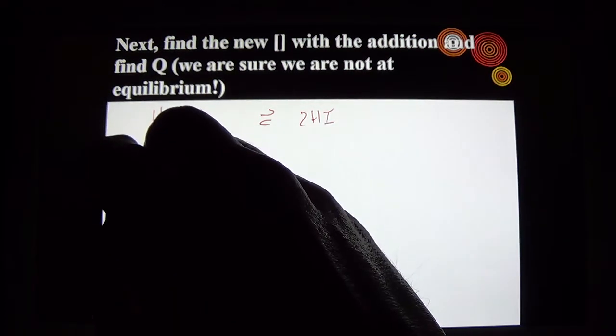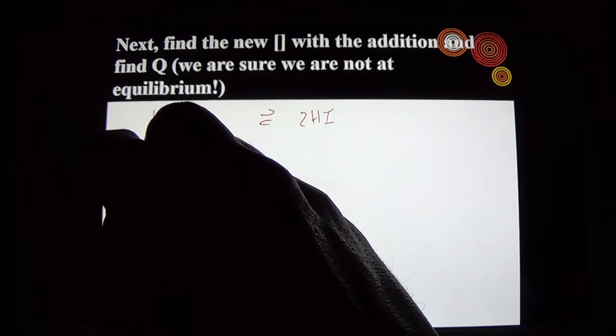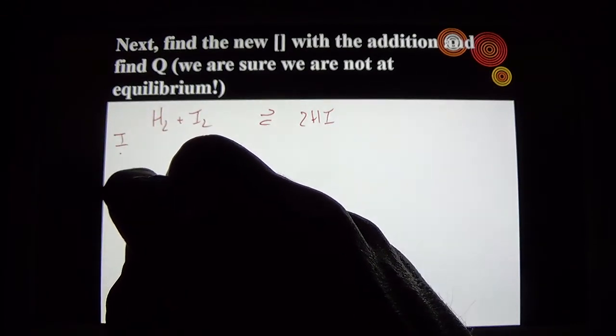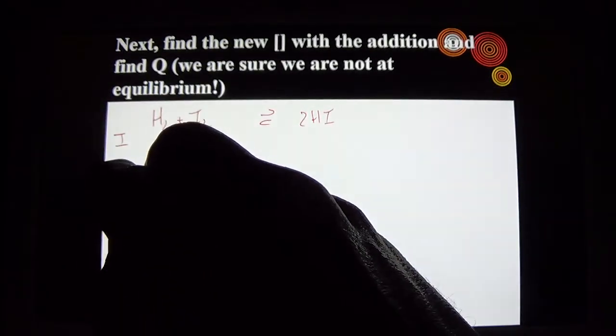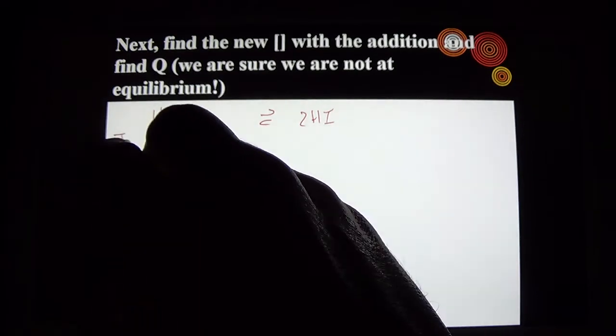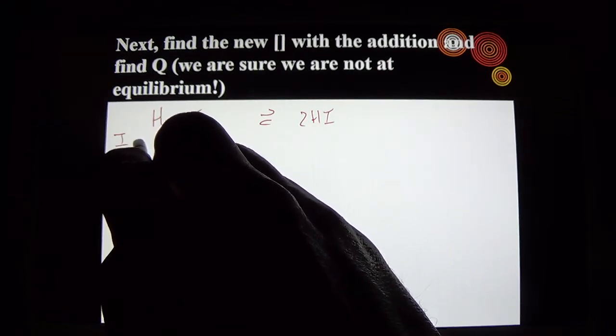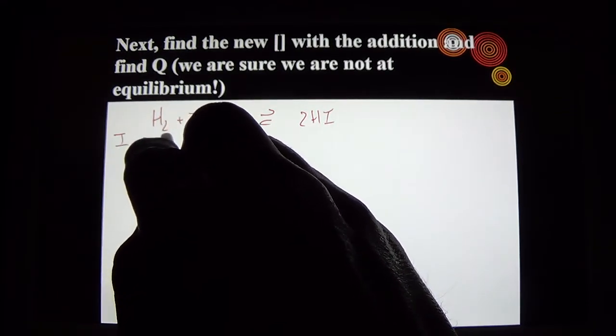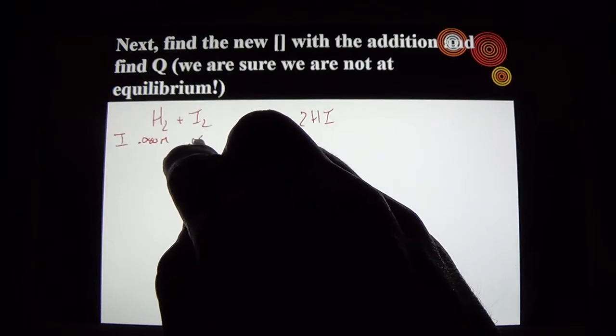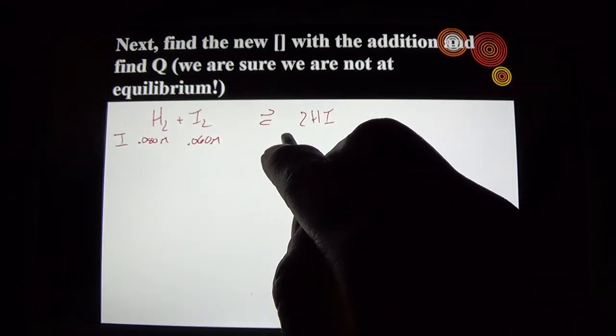I am now starting initially with the old equilibrium numbers. My old equilibrium numbers were 0.080 molarity, 0.060 molarity, and check this out.